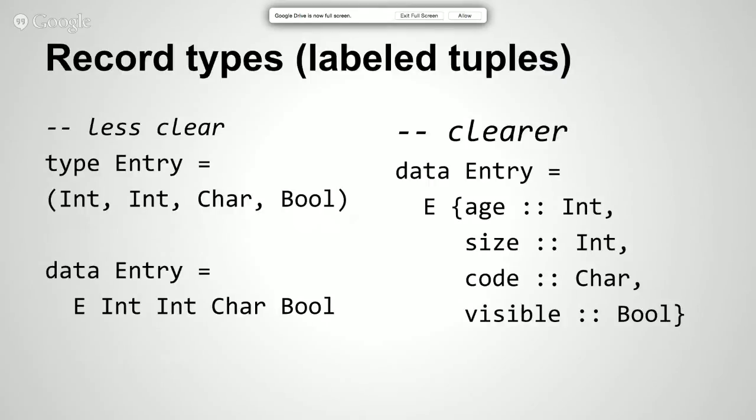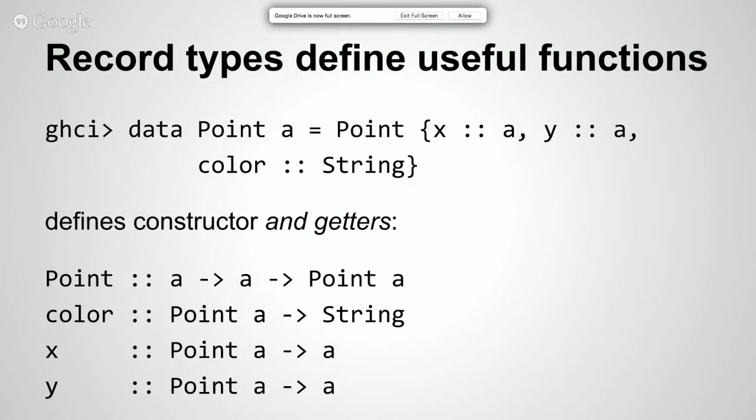This is a record type. When you get to a large tuple, it's much clearer to put labels on the fields that are in the record. You saw that with the first example. And a nice thing that you get for doing that is that when you do a data declaration using record syntax, you also get getter functions, which are an alternative to pattern matching for getting things out of the type.